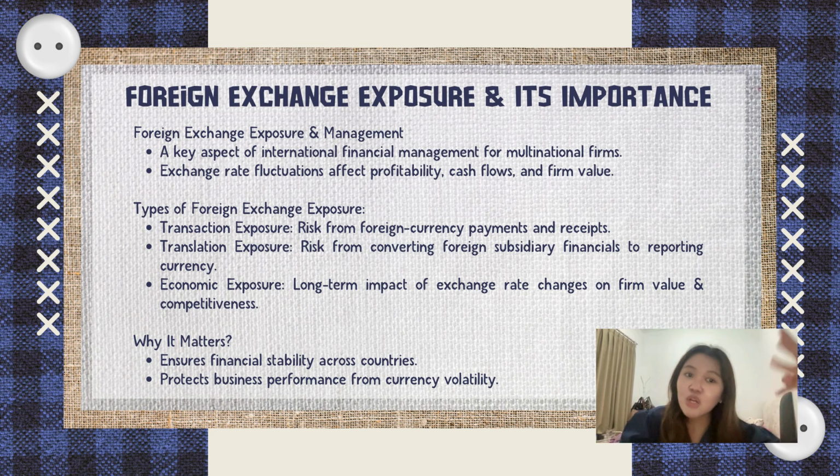And third, economic exposure, which refers to the long term effect of exchange rate movements on a company's market value and competitiveness. Understanding this exposure is important to ensure financial stability and to protect business performance against currency volatility.